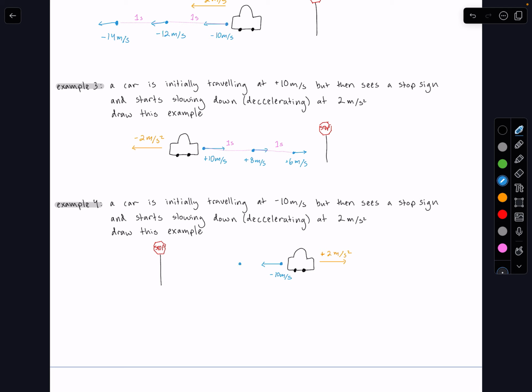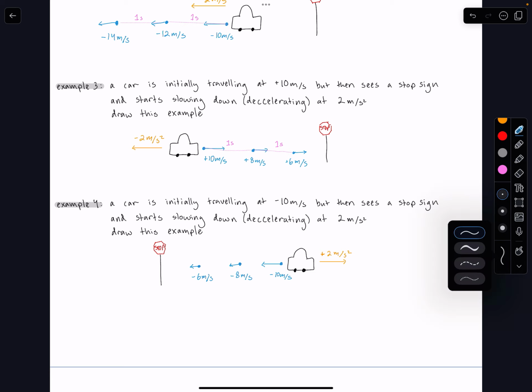So after 1 second, it's at negative 8 meters per second. After another second, it's at negative 6 meters per second. So it's slowing down. So let me draw these arrows for them. And then let me draw the time delta. So after each of these instances, 1 second.